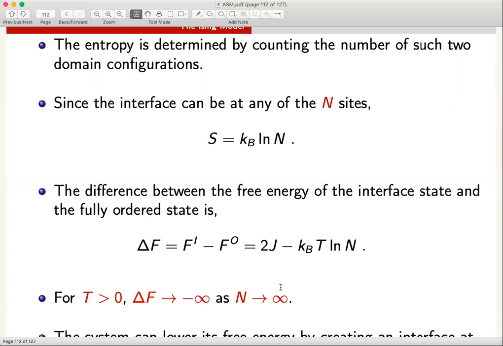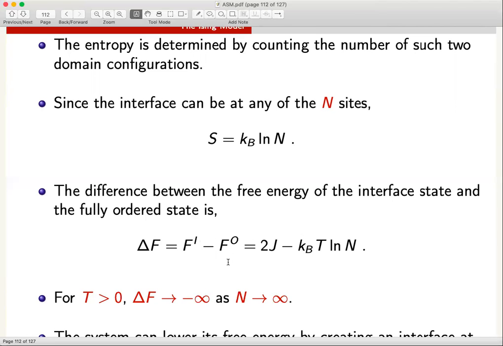These are mathematical statements, in the sense that you take n going to infinity, then delta F goes to minus infinity. In a real situation, it means n becoming large and delta F becoming large negative. That's all it means. But what is the meaning of delta F being negative? It means that the interface free energy is lower than the fully ordered state free energy.